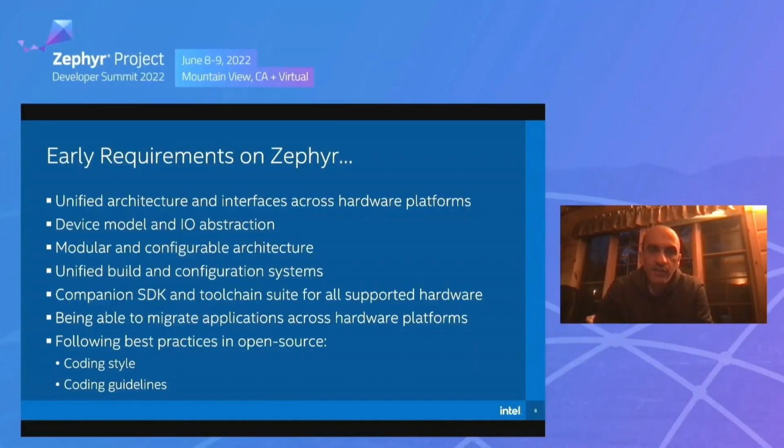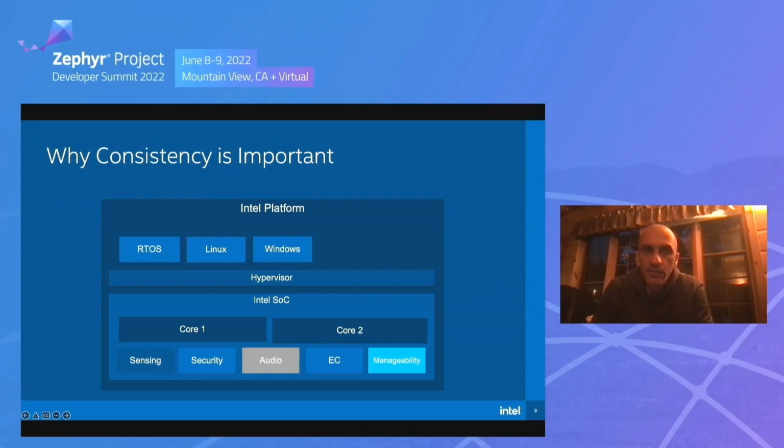So going back to the example of Intel platforms, I think you can see why it is important to have consistency in a software project like Zephyr.